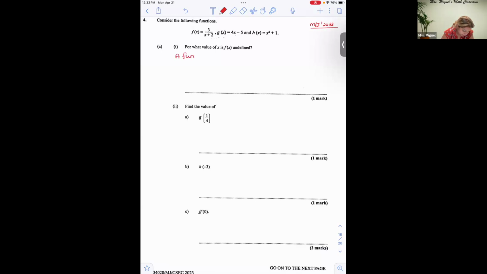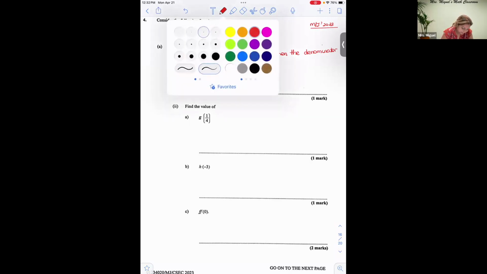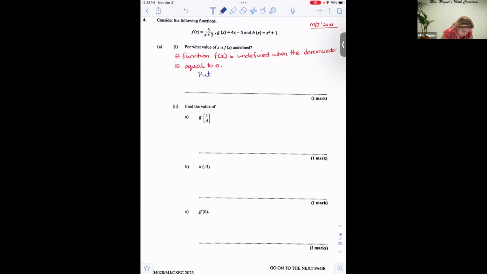A function f of x is undefined when the denominator is equal to 0. So you're going to put x plus 2 equal to 0, and you're going to solve for x. You should be able to do that.